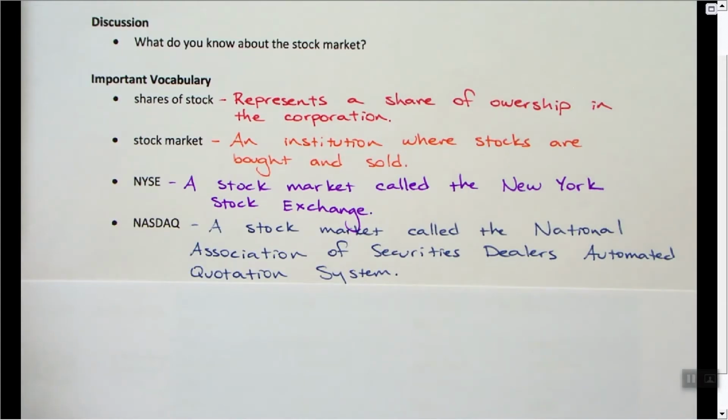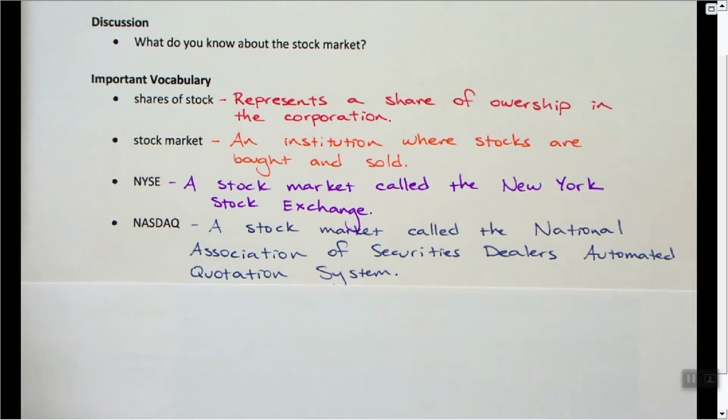There's also one in Japan, and lots of countries have their own stock market as a place to buy and sell stocks in that country. If you need more time with this vocab, you can pause the video at this point, but otherwise I'm going to keep going. That's just some basic definitions about stock and stock markets before we get started.